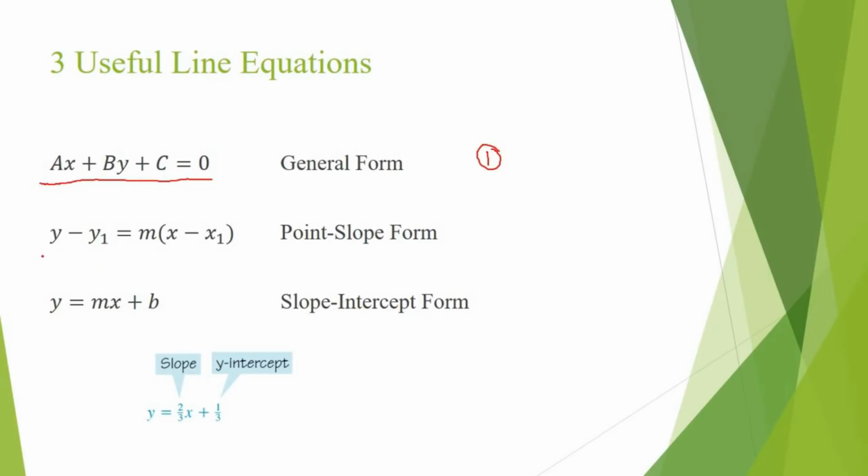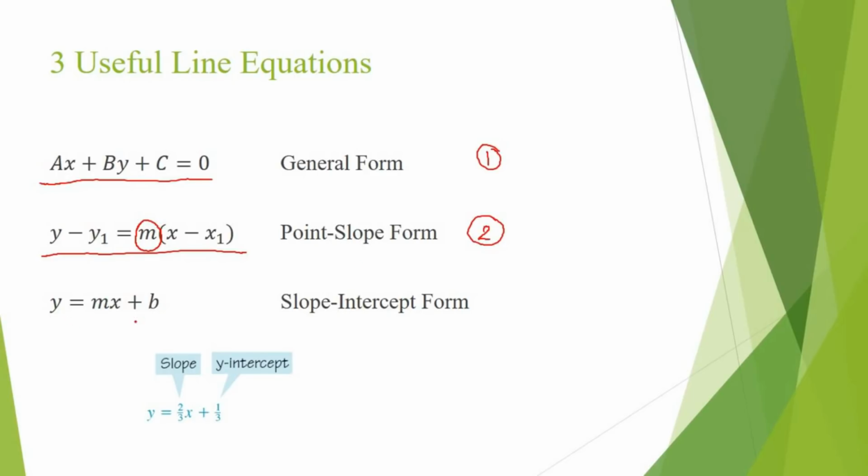The second equation that is very useful is the point slope form. So we have y minus y1 is equal to m times x minus x sub 1. We have this variable m being the slope of our line.